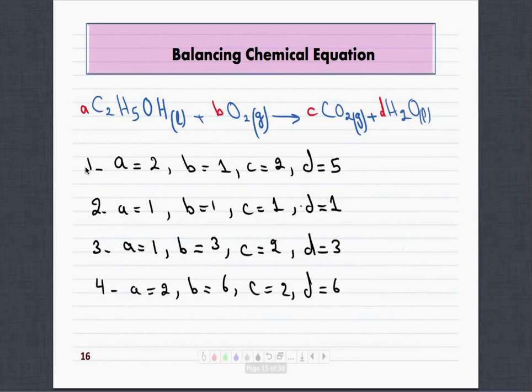Usually when I'm balancing the equation, I wouldn't start with oxygen, especially when it is a combustion reaction. That means when I'm putting something and burning it with oxygen. Because I have oxygen in 2 places, if I balance one, it's going to be affected by the number of carbons, and if I take the number as granted, or that's the right number of oxygen, it's going to be affected by the number of hydrogen.